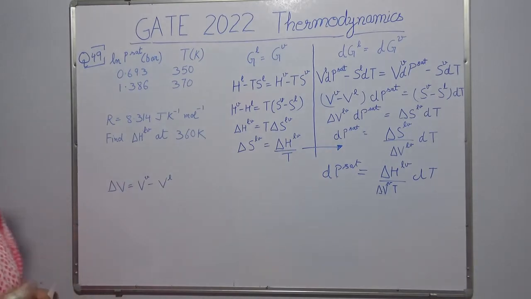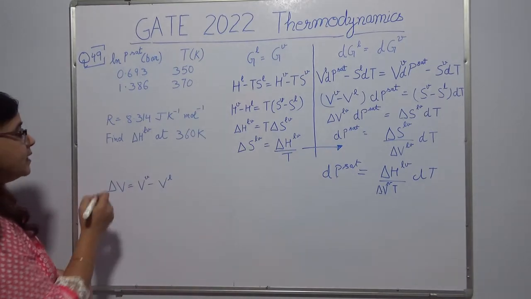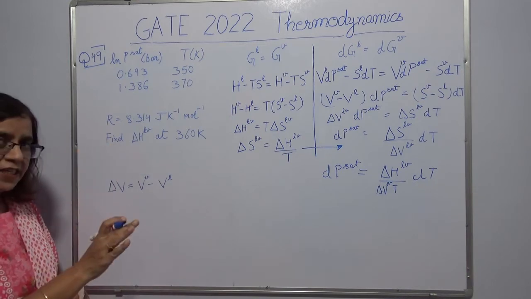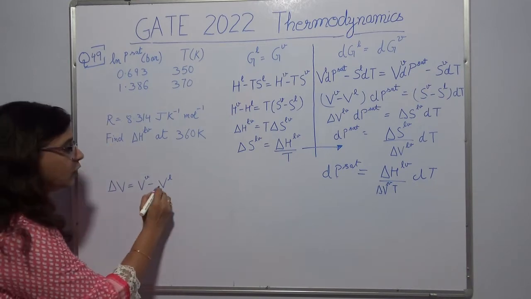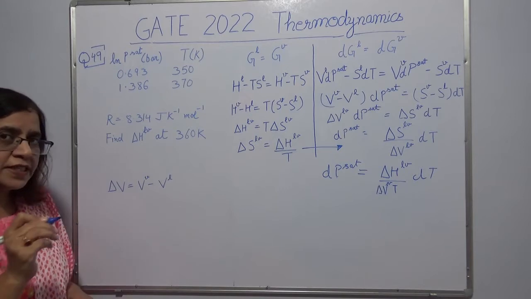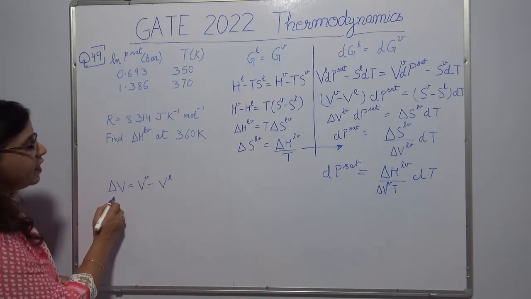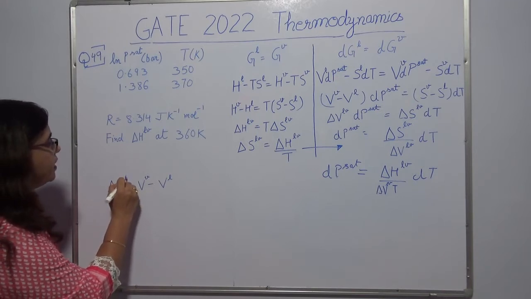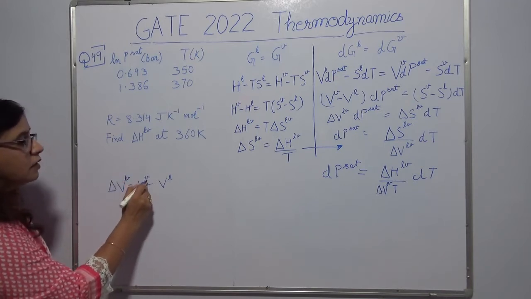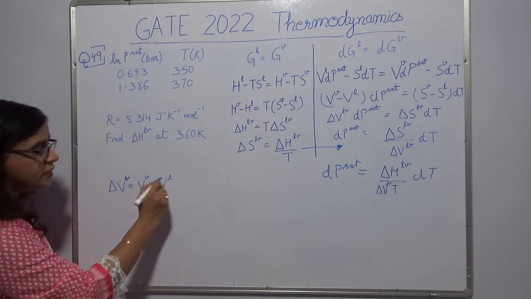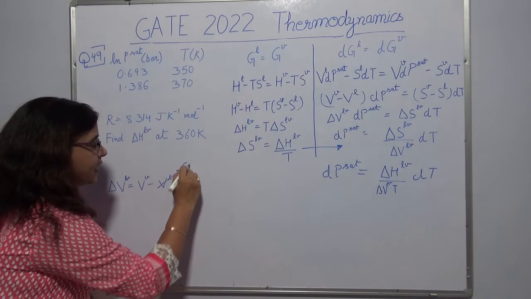Further, they have asked you to assume that your vapor phase is behaving ideally, that it's an ideal gas, and in your liquid phase the volume is negligible. So delta V_LV is defined as the molar volume of the vapor phase minus the molar volume of the liquid phase, and they have asked you to take the liquid volume as negligible.